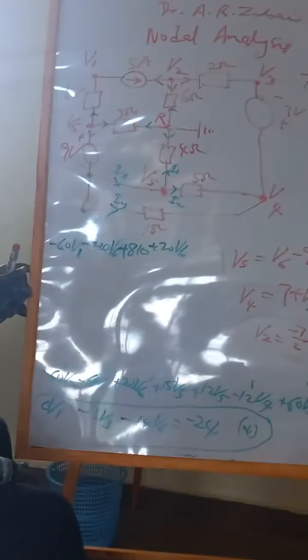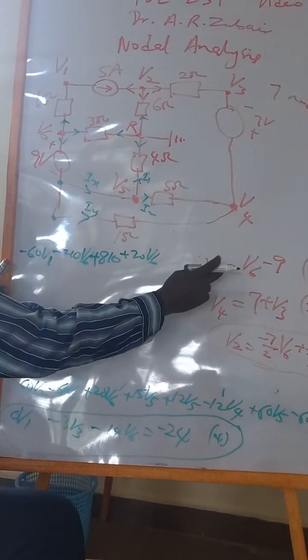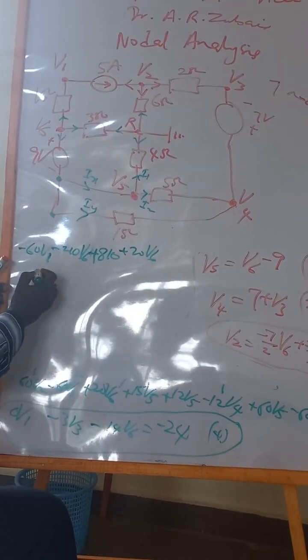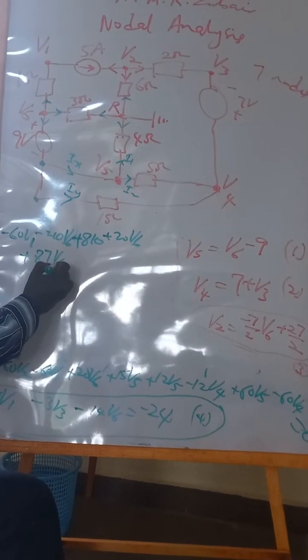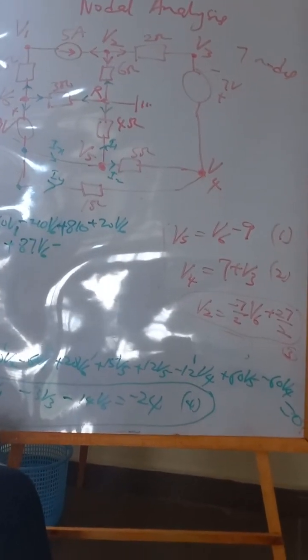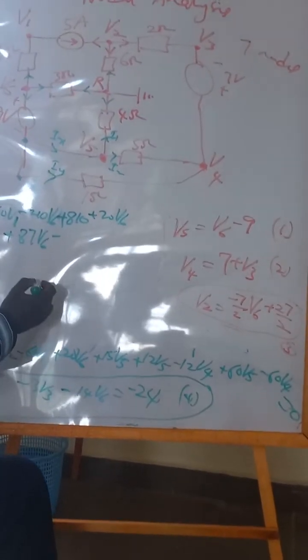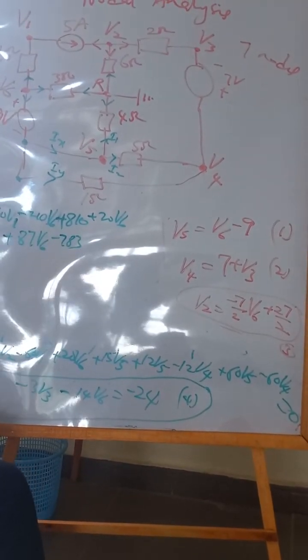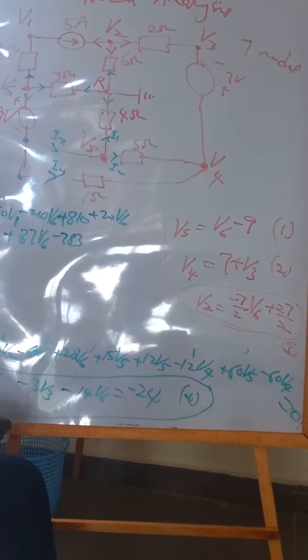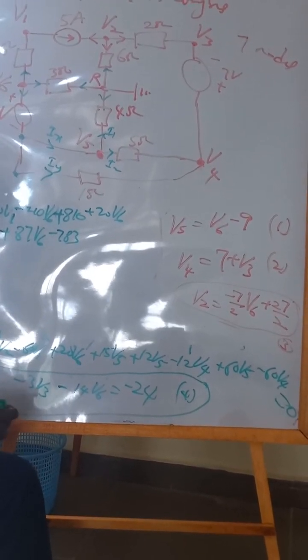Yes. I have V5 here, so this would be 87 times 9, which is 783.